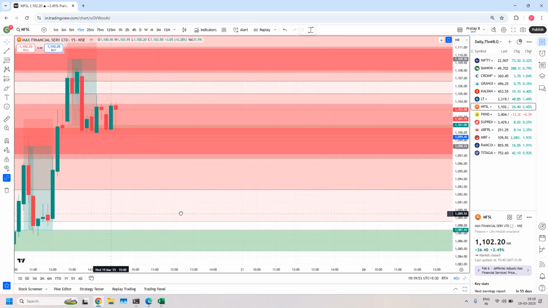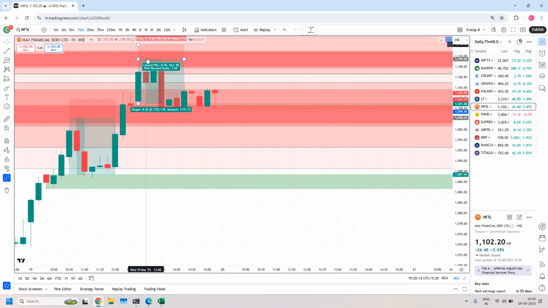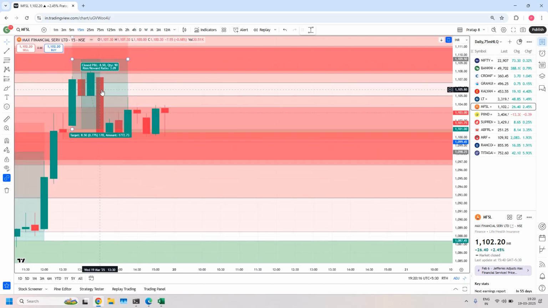Next one. This also you should fine tune, because here also the same problem. Here we have a new 15 minutes zone. See here, you have a rally, base, rally. The candle is completed. After that, prices reached here. And this rally, base, rally is your target. So what you have to do, you have to take a trade and fine tune the trade until you get 1 is to 3 RR.